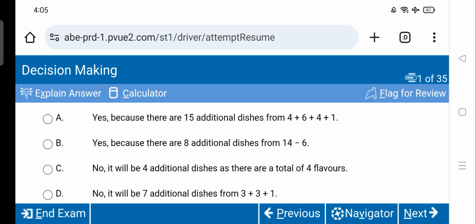Option C, no, it will be 4 additional dishes as there are a total of 4 flavors. Option D, no, it will be 7 additional dishes from 3 plus 3 plus 1.